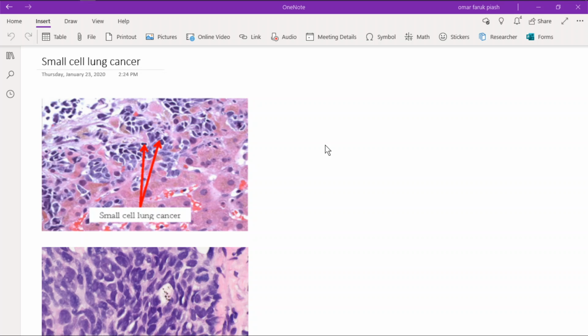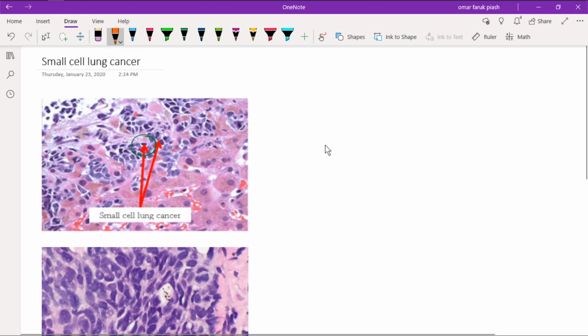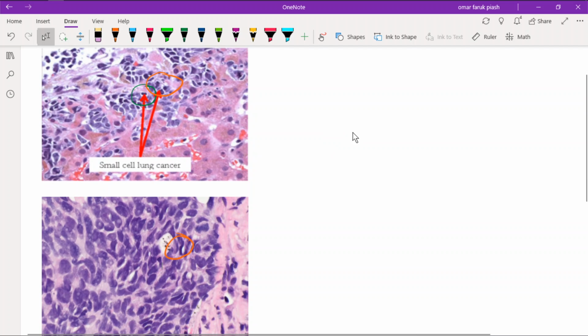This is the picture of a small cell lung cancer, and in the arrow you can see the dark blue cells. There is another dark blue cell. What does it indicate?